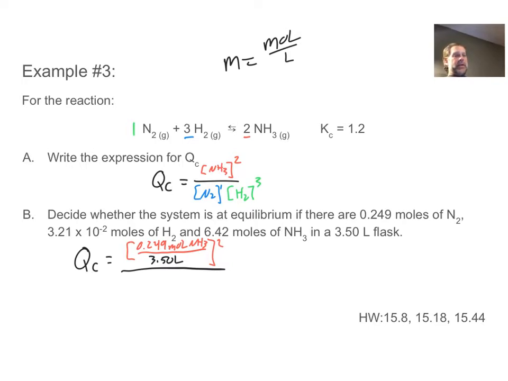So I'm going to get rid of this value here, and it should be 6.42, sorry. 6.42 moles of NH3 in 3.5 liters. That makes a little bit more sense.